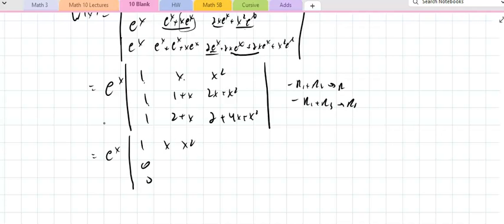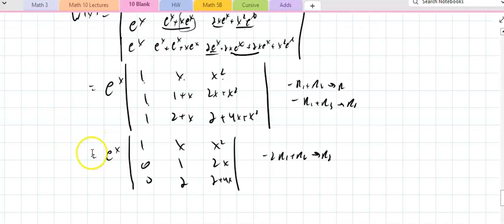Negative x, that's a 1. X squared, that's a 2x. And negative, that's a 0. That's a 2. And that's a 2 plus 4x. So far, so good. And I could also take negative twice row 1 plus row 2 and put it in row 2.